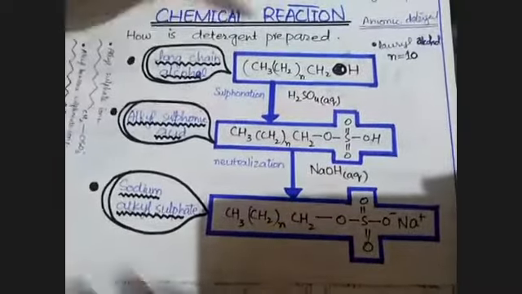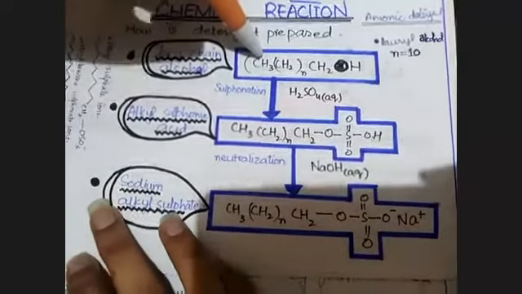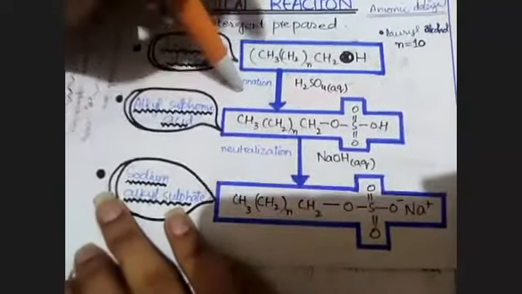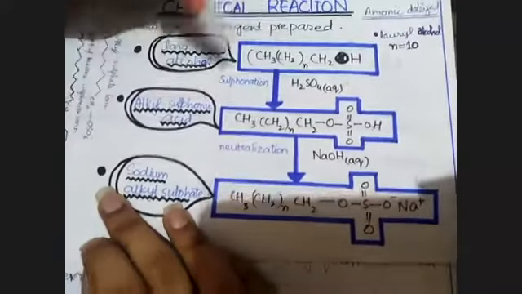And now I'm going to talk about the chemical reaction in which we prepare this detergent. What actually happens? First, the long chain alcohol is sulfonated with sulfuric acid, and this process is called sulfonation.